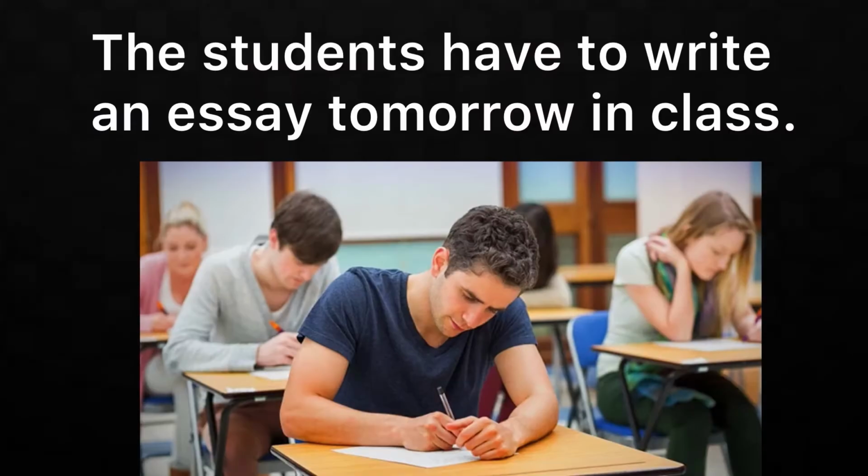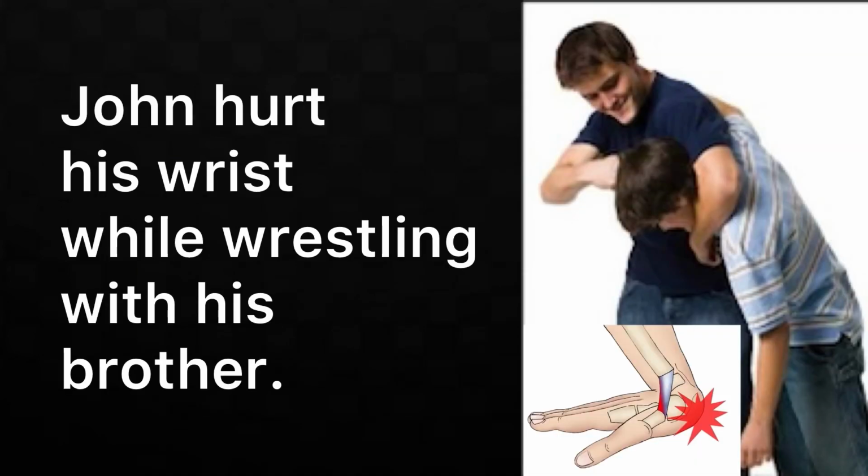Now, let's practice saying these words together in sentences so you can pronounce them correctly. The students have to write an essay tomorrow in class. Please repeat. Write. John hurt his wrist while wrestling with his brother.